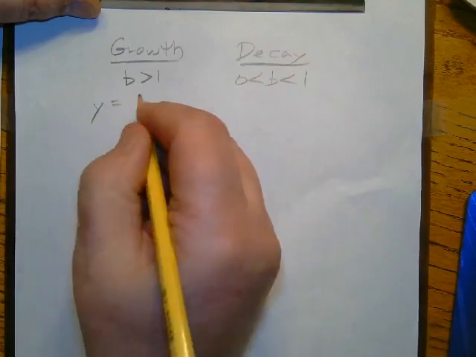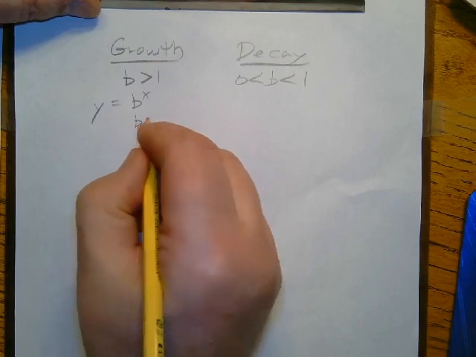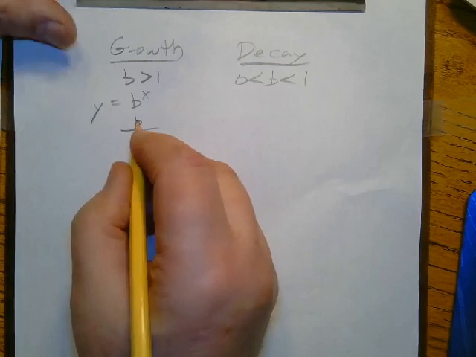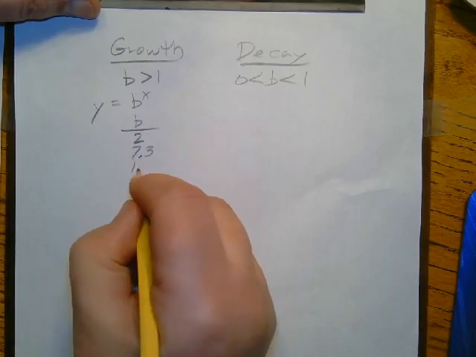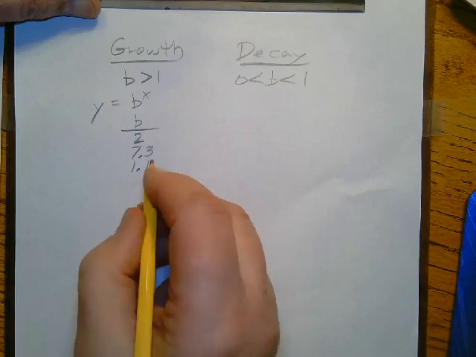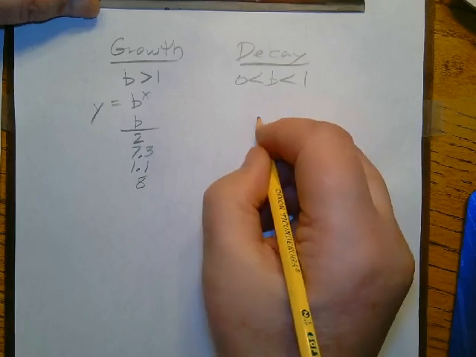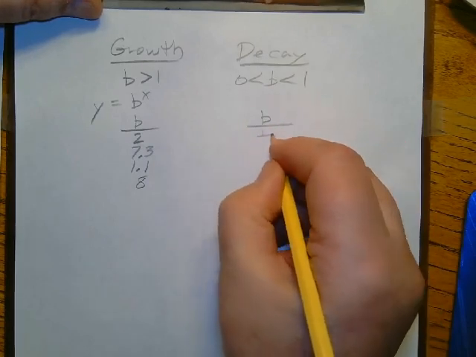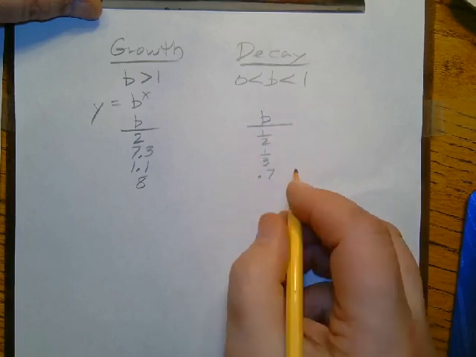That means if you have the equation y equals b to the x, if b is, let's say 2, that's growth. 7.3, 1.1, as long as it's bigger than 1, and 8. Those would be growth. Here, if the base is a common fraction, like 1/2, or 1/3, or a decimal, like 0.7.